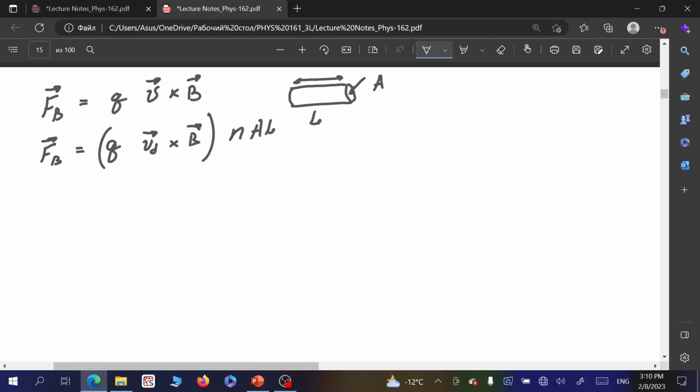So that will be the total magnetic force exerted on this segment of a conductor with some current I, which is flowing through this conductor. So now let us recall how we introduced several lectures ago the expression for electric current in terms of the concentration of charge carriers.